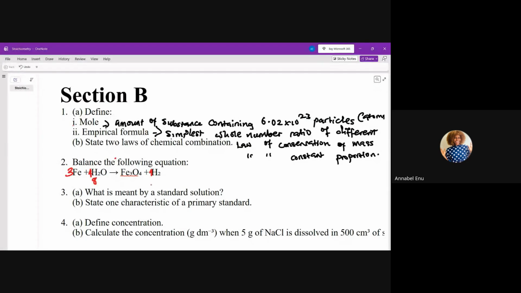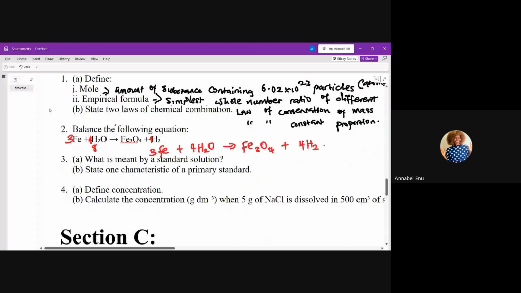Rewriting this, we have 3 iron plus 4 water to give us iron 3 plus 4 H2. Now our equation is balanced.